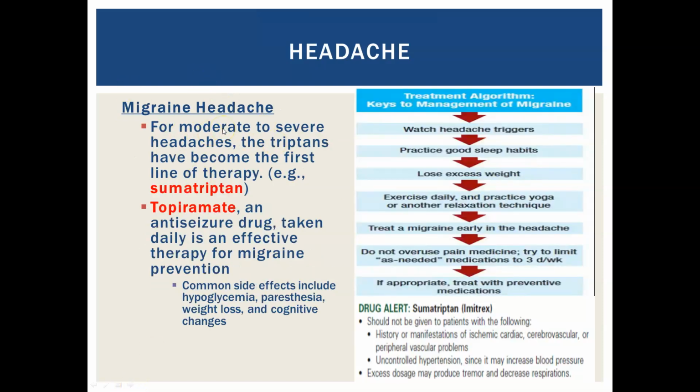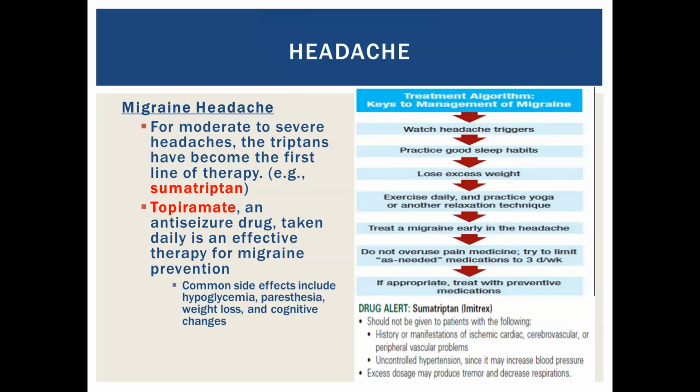So for moderate to severe headaches, we're going to come back to the triptans. They're the first line of therapy, but again, it has to be moderate to severe. So sumatriptan, and topiramate can also be added in addition. Topiramate's an anti-seizure drug. It can be taken daily, more of a preventative medication.